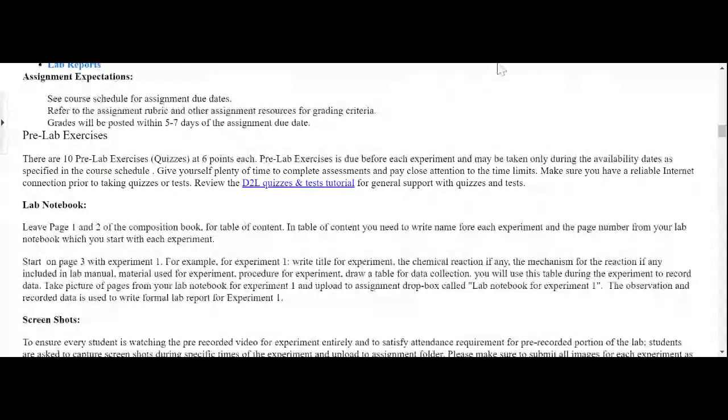Prelab quizzes. You would need it for next week. If you are College Academy students, then you have to buy it from the bookstore. If not, the beginning of the syllabus has the links on how to purchase it online from Vital Source, and it's very safe and secure.